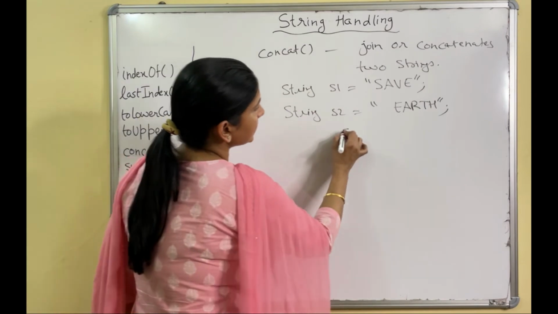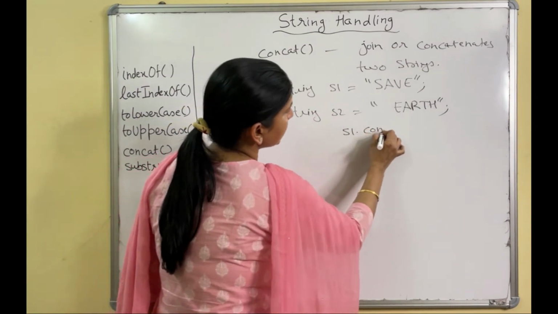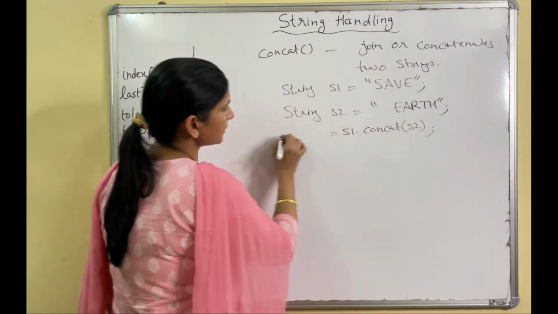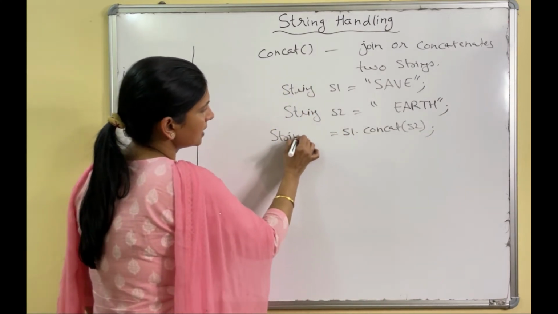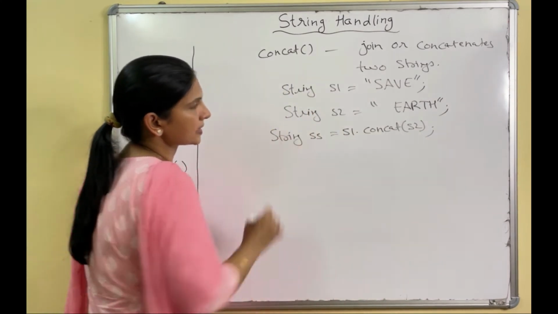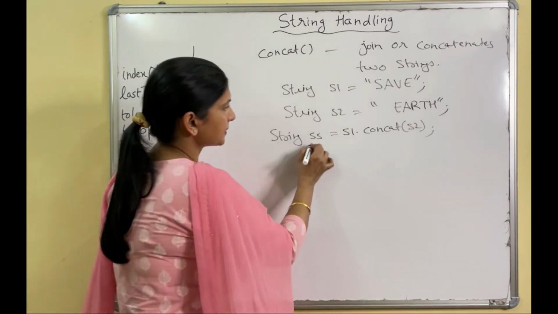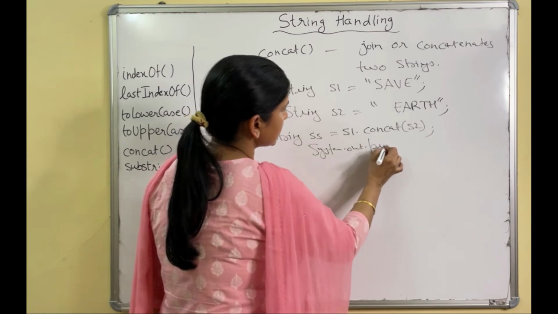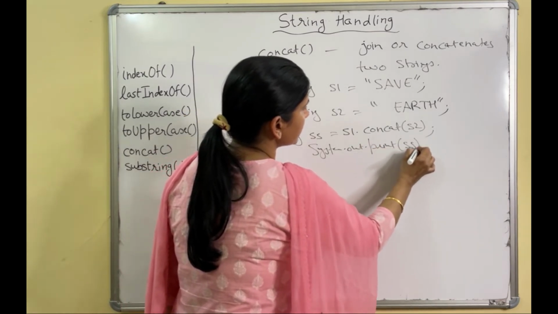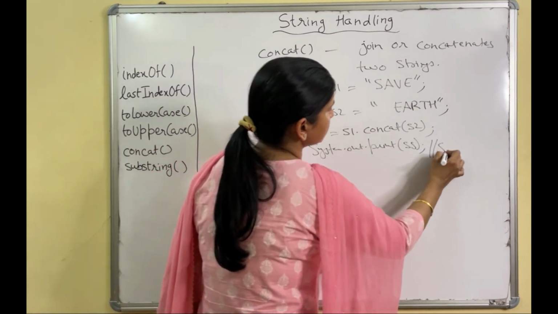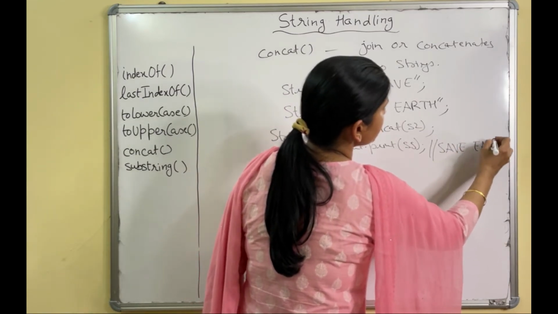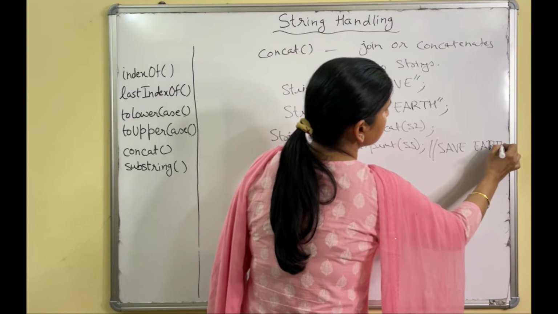If I write s1 dot concat s2, it will return a string which we will assign to another string ss. And when I display system.out.print ss, what should be displayed? Save earth. So two strings will be concatenated, joined, right?